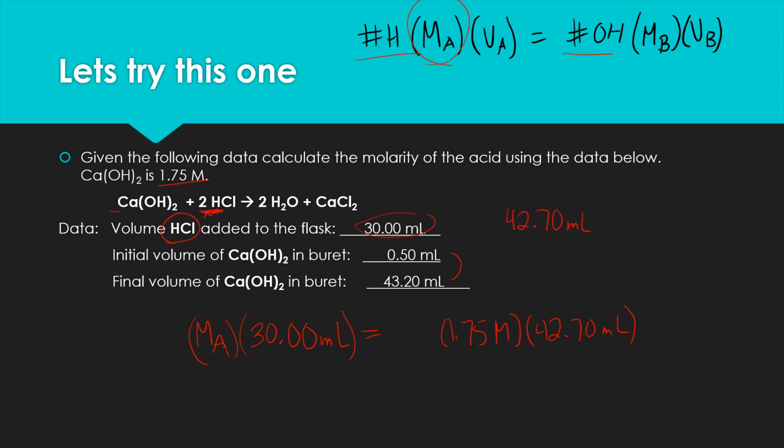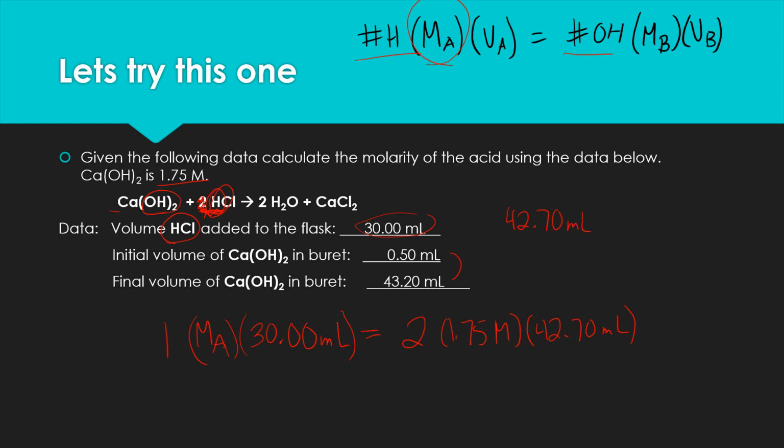Let me go back for a second here. It's not using the coefficients here, where we are reacting two HCl's for every one calcium hydroxide, but what we want is the number of hydrogens in our acid. My bad. So we have one hydrogen in our acid there. On the other side, how many hydroxides are in our base? We have two hydroxides in our base. So just in the chemical formula, okay?